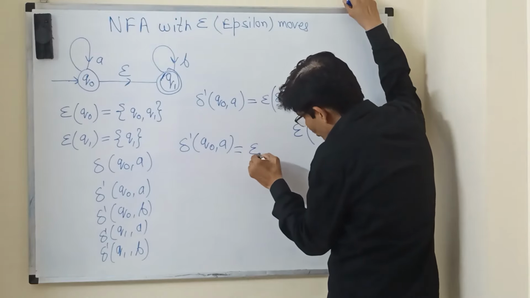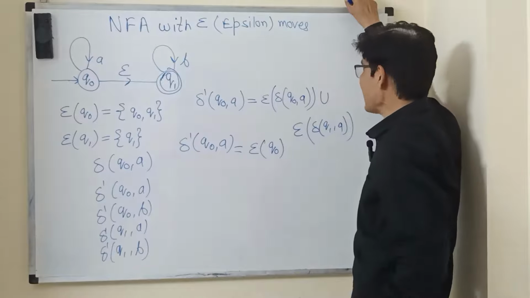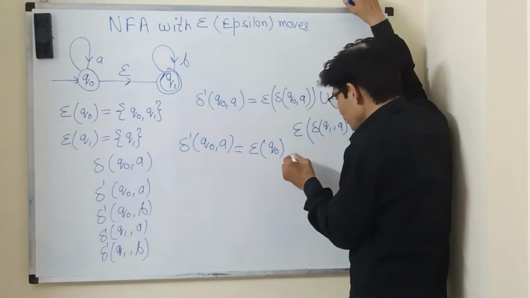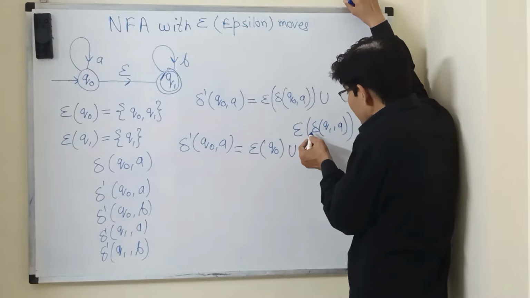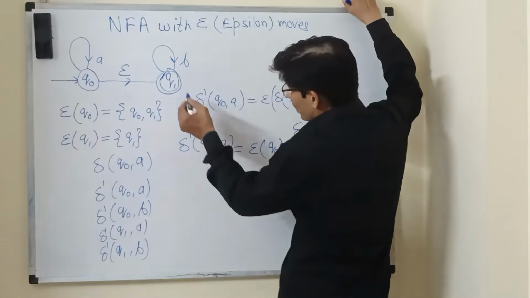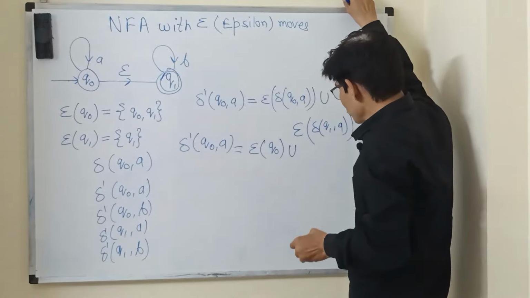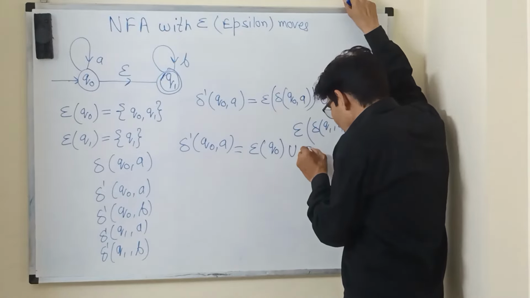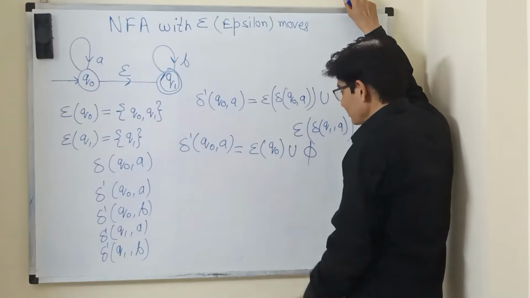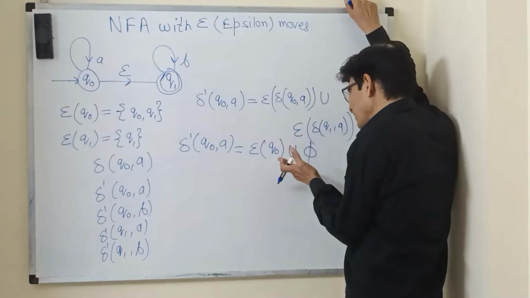So epsilon closure of Q0 union epsilon closure of delta(Q1, A). On Q1 we do not have any transition on A, so that would be phi. Epsilon closure of phi would be phi.